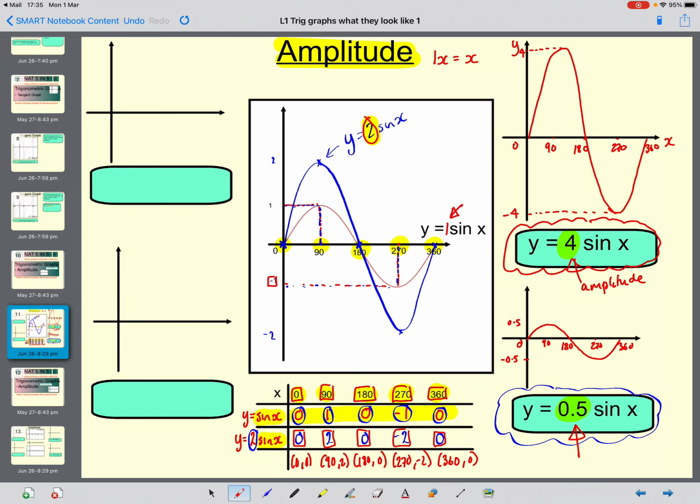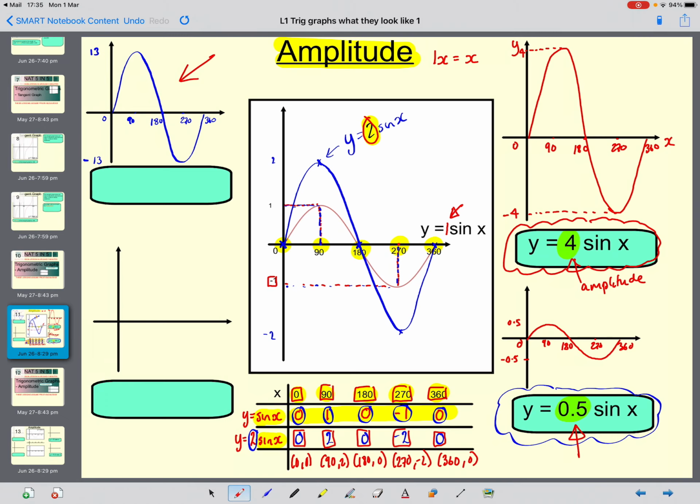Okay, so if I was to draw one over here, it's obviously not to scale. Say you got a graph that looks like this here, and you were asked what's the equation of this graph.